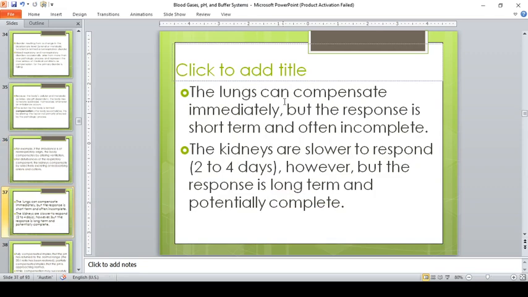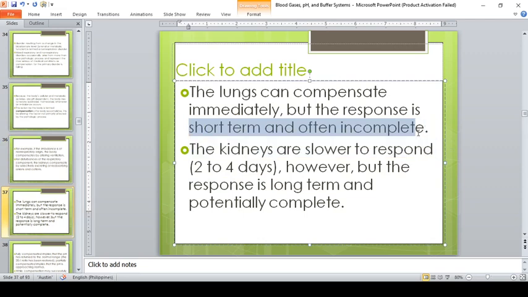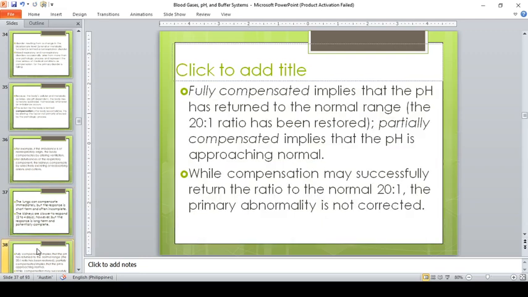The lungs can compensate immediately, but the response is short-term and often incomplete. Mas mabilis si lungs, mas short-term nga lang, and incomplete siya. Unlike kay kidneys, mas matagal. The kidneys are slower to respond, 2 to 4 days, however, but the response is long-term and potentially complete.